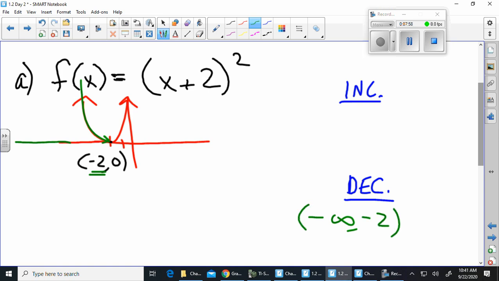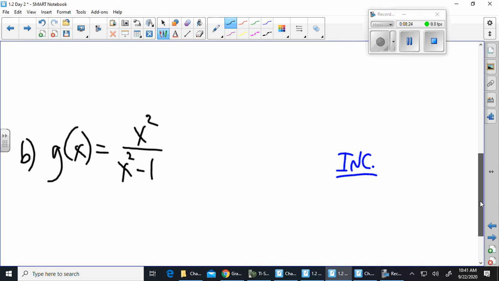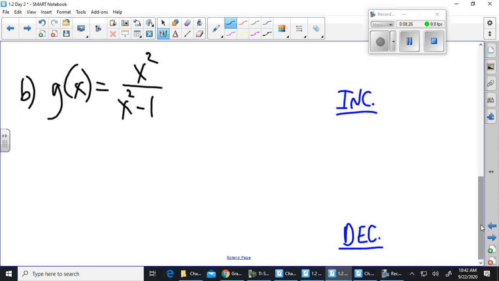I always use parentheses for these because at that point you can't really say it's equal to it. You're going to use it in both. So then what happens after that is it goes up. So it's increasing from negative 2 to infinity. But you do want to know you put them in your calculator.